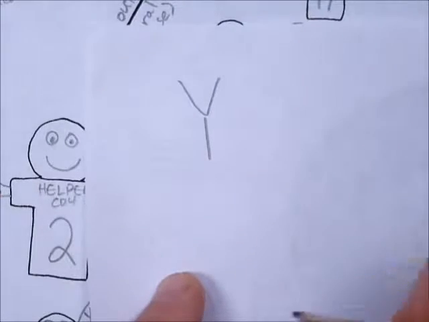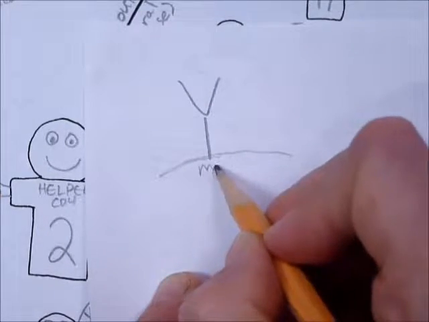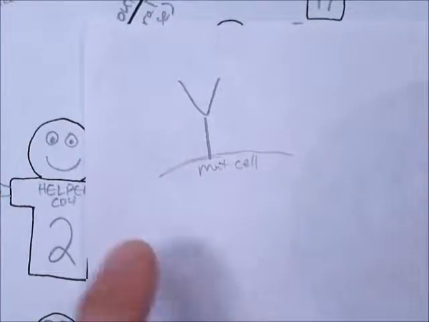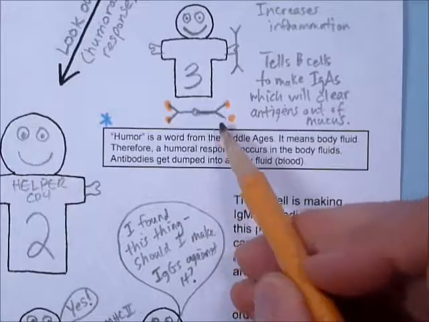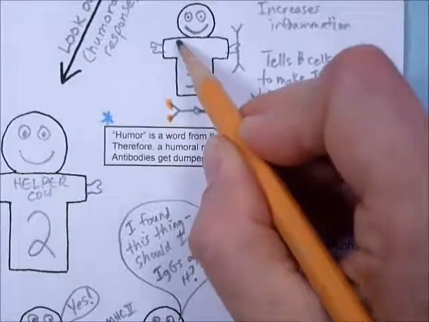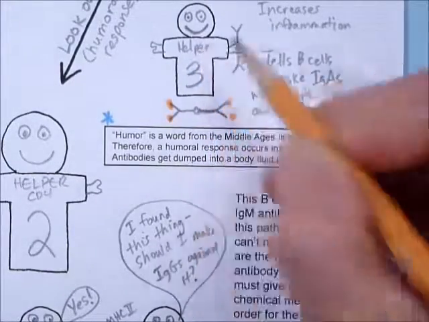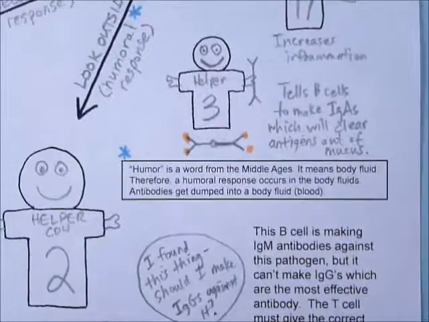IgEs just look like that. And this part can go stick to a mast cell. So then that switch was not so good. Then you get all these IgEs floating around with the cat dander, and that causes all kinds of allergic reactions. So the number 3 helper is pretty good. He tells the B cells to make more IgAs.